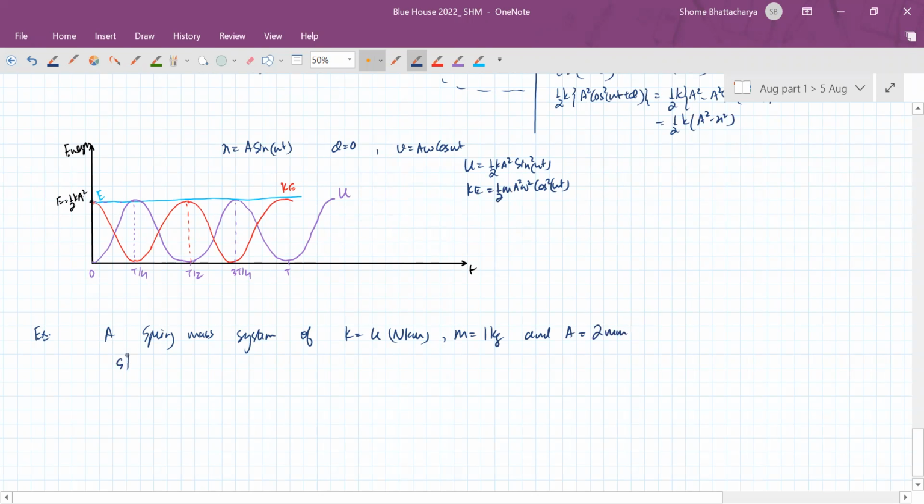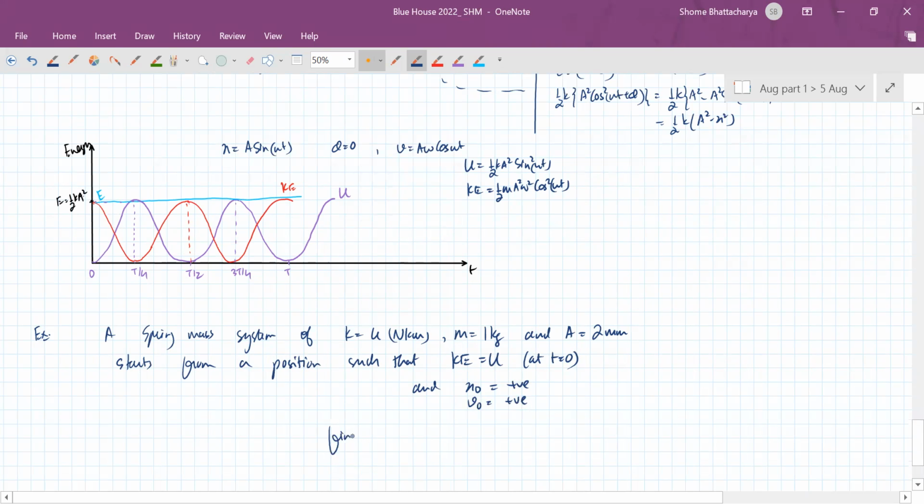It starts from a position such that kinetic energy is equal to potential energy at t equal to 0, and x naught is positive, v naught is positive.